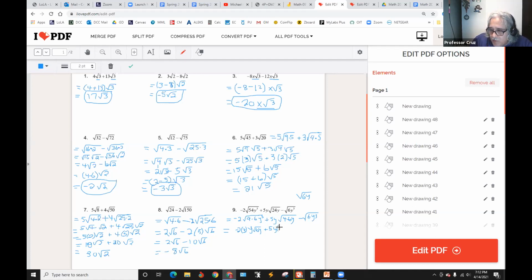Oops, that's going to be a 2. And then a y is going to come out because there's y cubed. So square root of y squared is going to give us a y out front, and then 6y staying in there. All right.